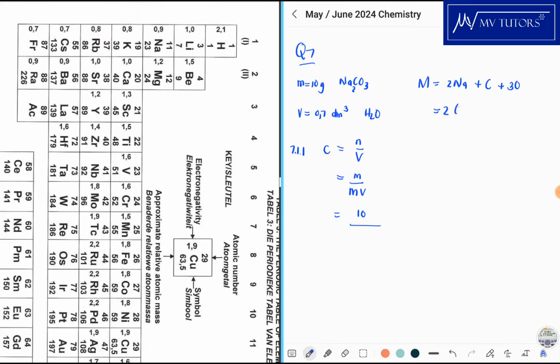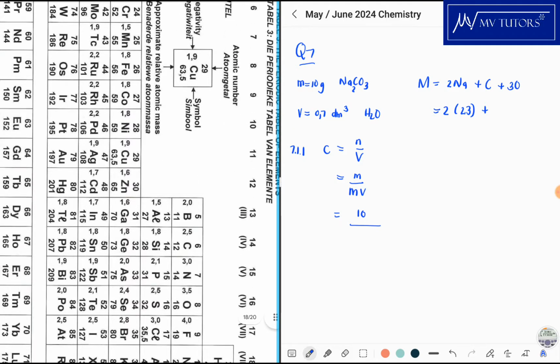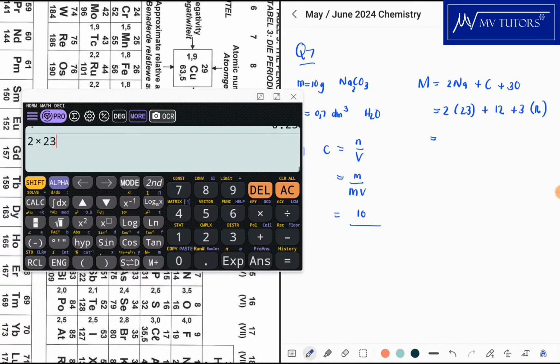Sodium is 23, carbon is 12, and 3 times the oxygen, which is 16. So 2 times 23 plus 12 plus 3 times 16, there we get 106 grams per mole.